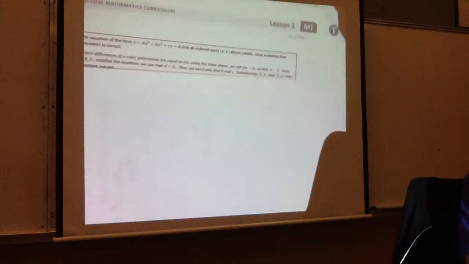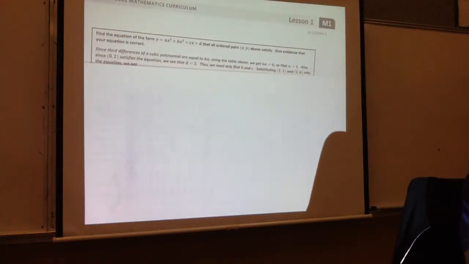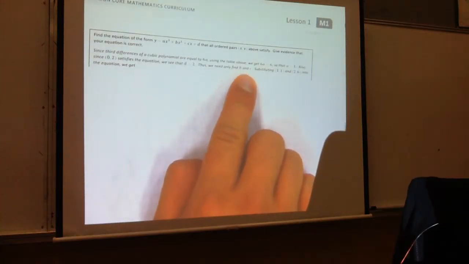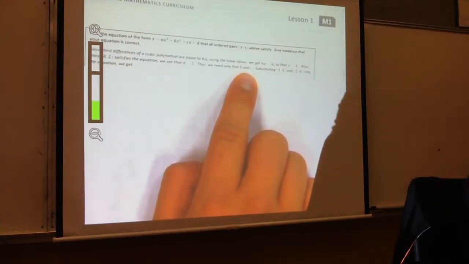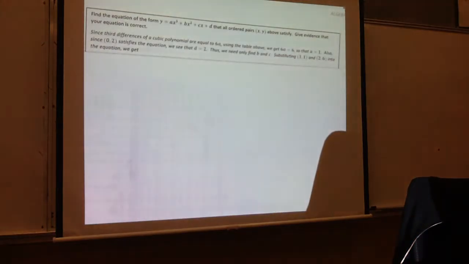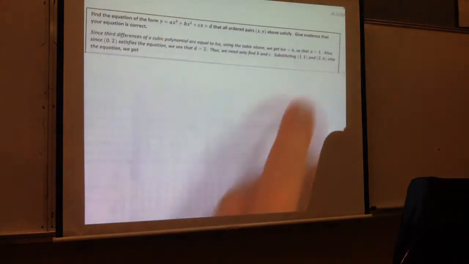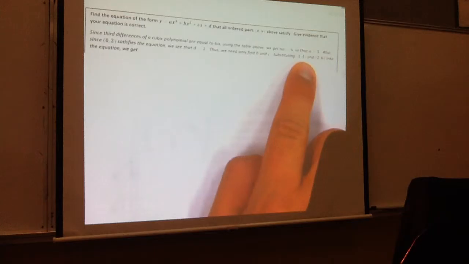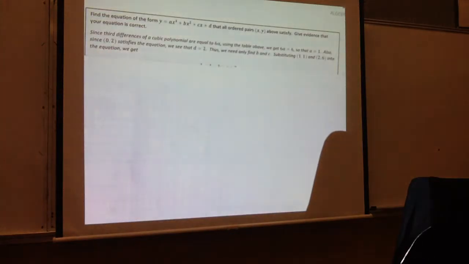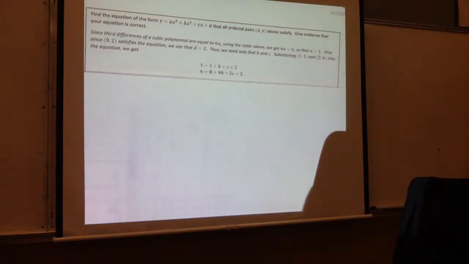So we need to find b and c. Substituting 1 and 1, and 2 and 6, so 2 more points from the table, into the equation, we get 2 new equations here.